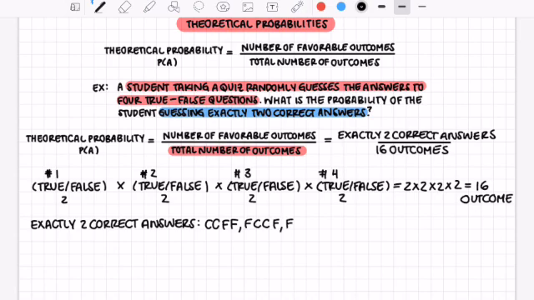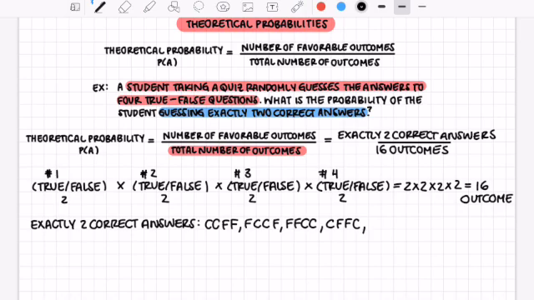And I want to keep on doing that and thinking about the different options that could have possibly happened on the test. Number 1 and number 2 I got incorrect, but number 3 and number 4 I got correct.